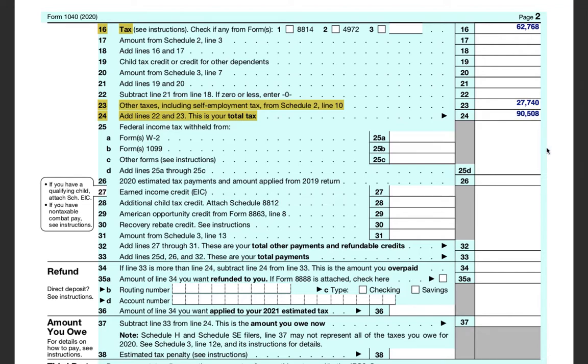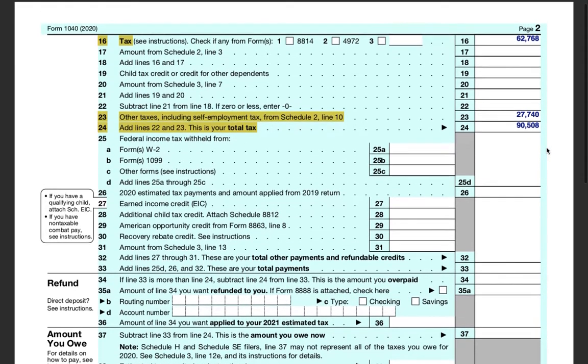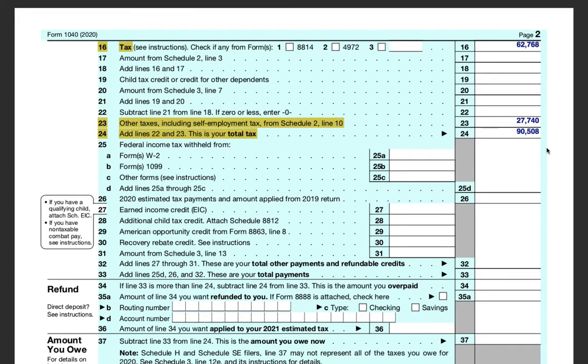So you can see this is pretty much the entire process of how you find how much tax you're going to pay. Basically, Joe, let's say he's married and the wife stays home. He has a little business. He makes $350,000 in net income on the Schedule C. The total amount of tax he has to pay is $90,508.